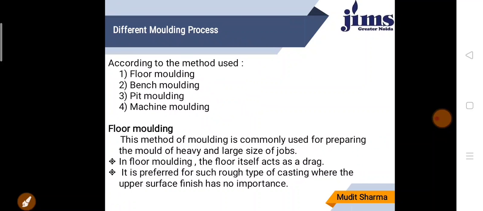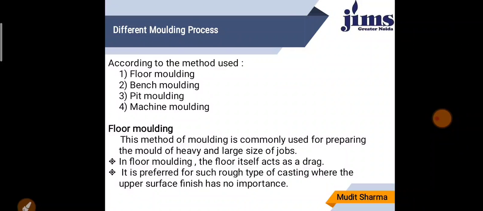According to the method used, there are different types of molding: floor molding, bench molding, pit molding and machine molding. We will discuss one by one. First one is floor molding. What is floor molding?